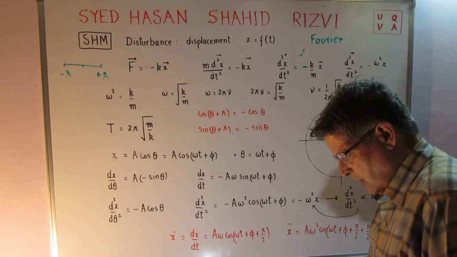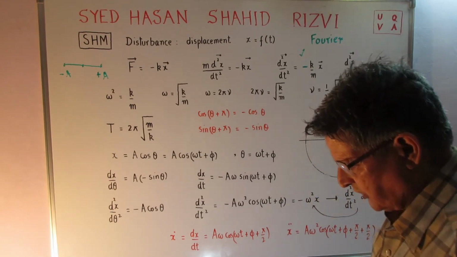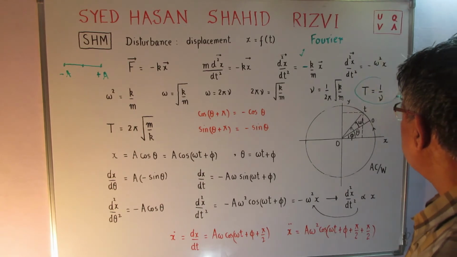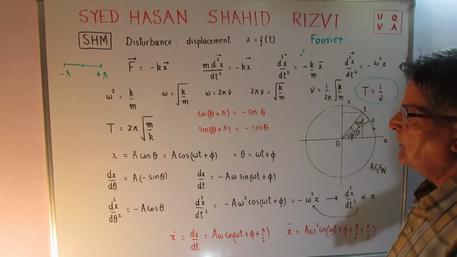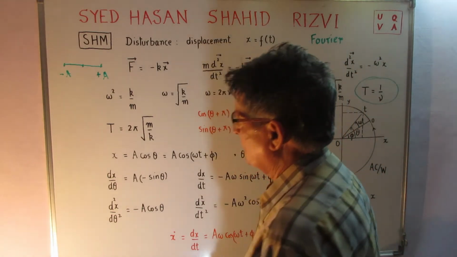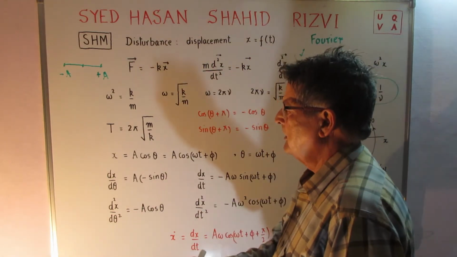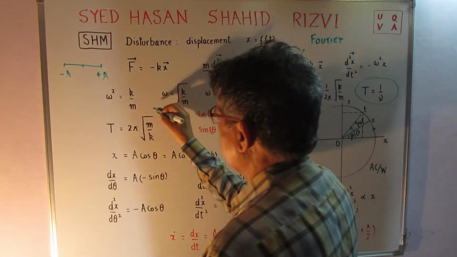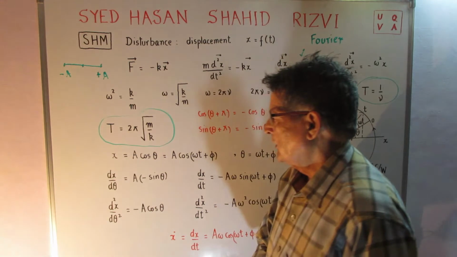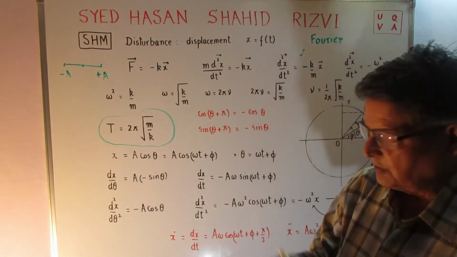Now we know that the frequency nu is related to the time period capital T by this relation, and therefore I can write the time period of oscillation in simple harmonic motion of any variety as T is equal to 2 pi under root m upon k.